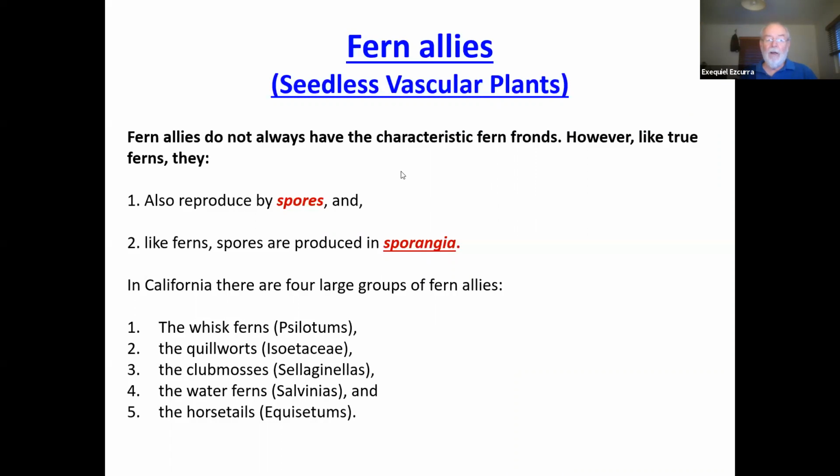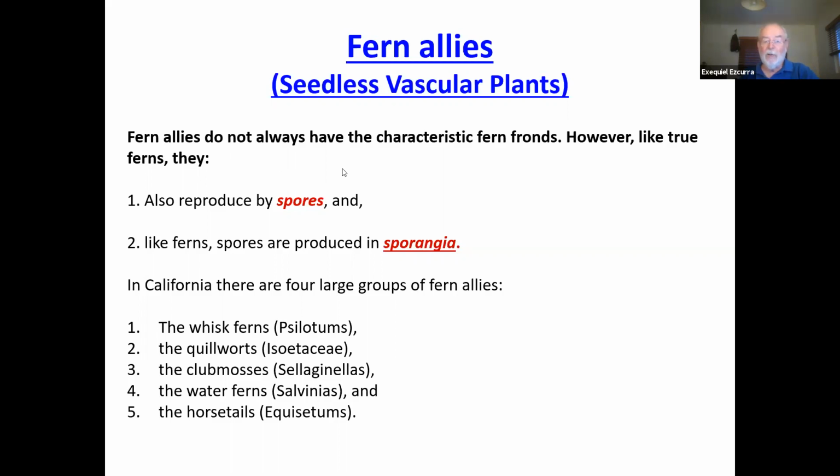We're going to talk about a yet even larger group known as the fern allies, which are basically plants that are not sensu stricto ferns, but are reproduced by spores. Like ferns, they have sporangia, but they don't have the big fronds that characterize the ferns, but other types of morphologies.